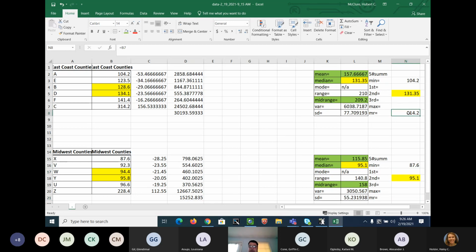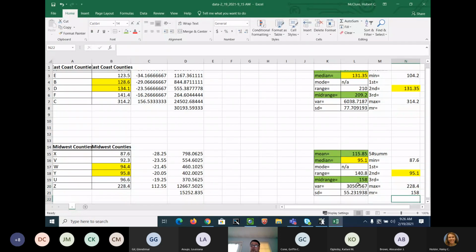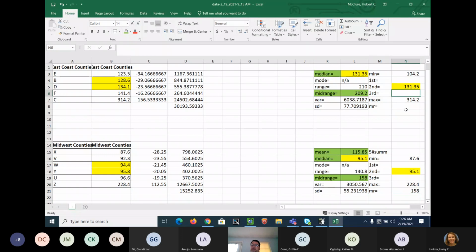Or delete. Sorry about that. I grabbed the wrong one. There we go. Equals that number right there. And max is that number right there. Mid-range is equal to this number. Mid-range is equal to that number.